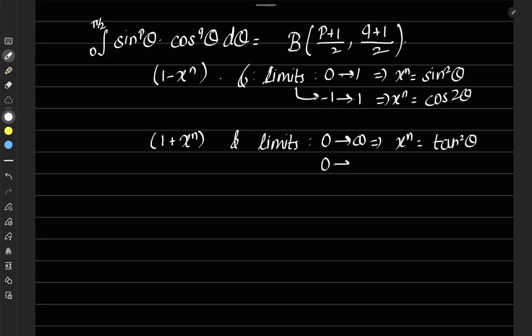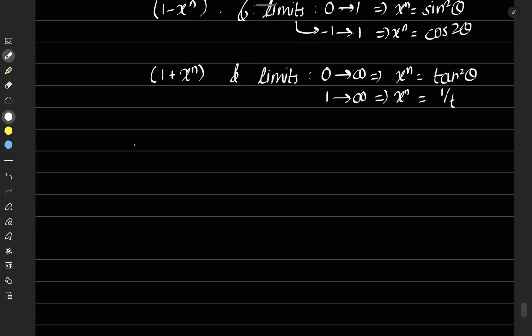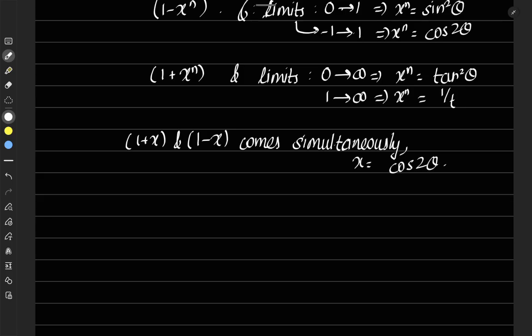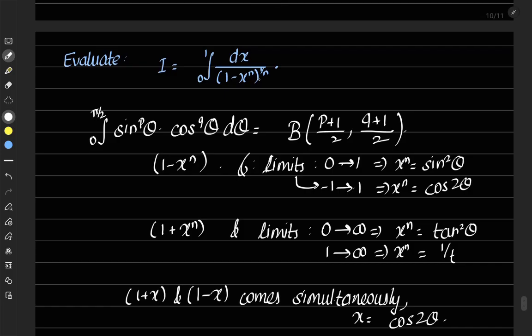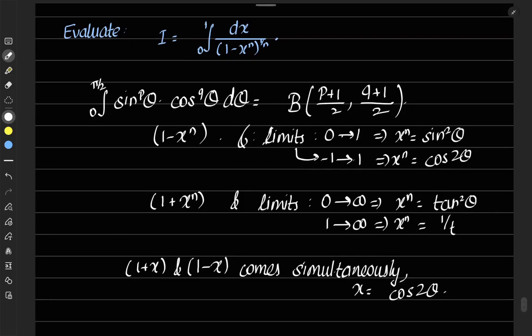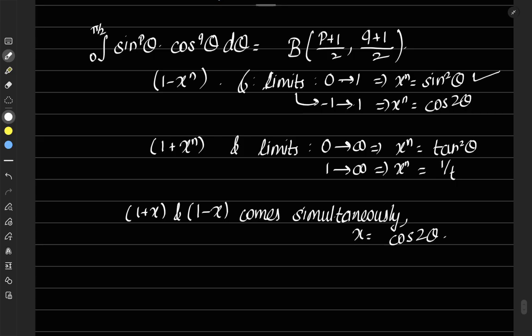And if the limits are not 0 to 1 but 1 to infinity, in this case we substitute x to the power n as 1 upon t. So these are some standard substitutions. And there is one more: if 1 plus x and 1 minus x come simultaneously, then we substitute x as cos 2 theta. Here you can see (1 minus x) to the power n is coming and the limits are 0 to 1, so we will go for the first substitution.